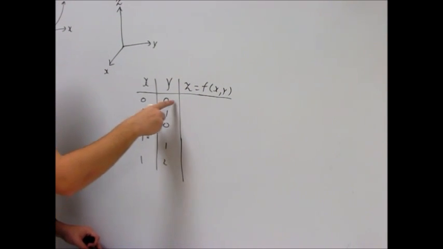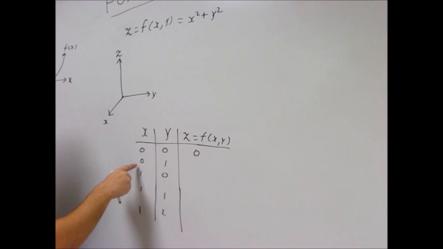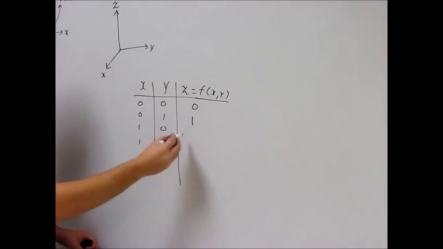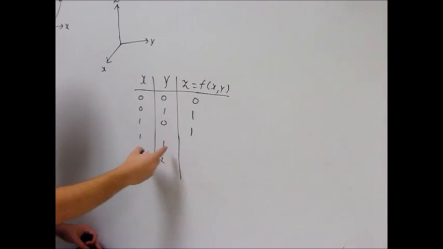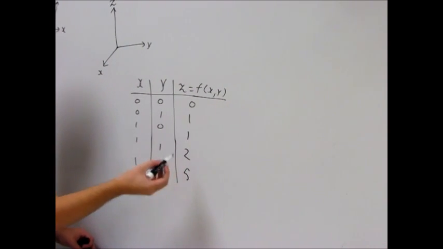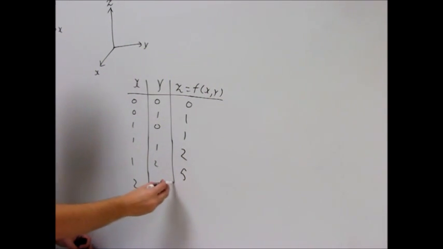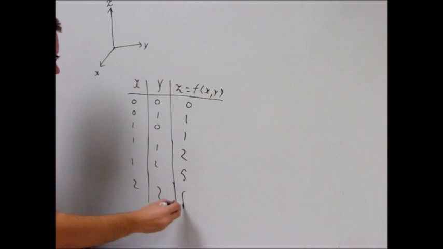We have x equals 0 and y equals 0. Well, 0 squared plus 0 squared is 0. And 0 squared plus 1 squared is 1. 1 squared plus 1 squared is 2. 1 squared plus 2 squared is 5. And similarly, 2 squared plus 2 squared is 4 plus 4, which is 8.